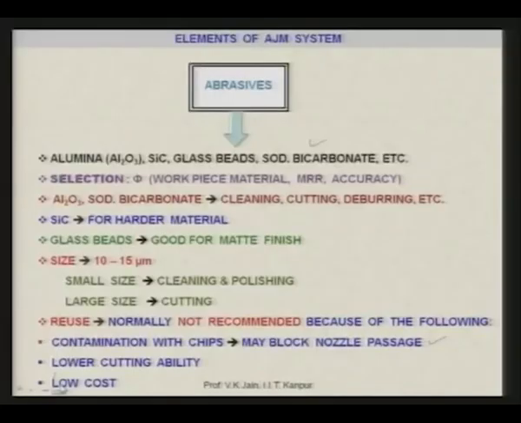Secondly, if the abrasive particles get contaminated with the chips removed from the workpiece material, then the cutting ability of the abrasive particles reduces. And thirdly, the abrasive particles are not very expensive. So, one can easily afford not to reuse the abrasive particles in the AJM process.